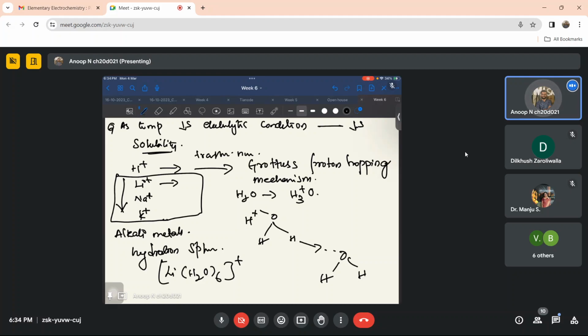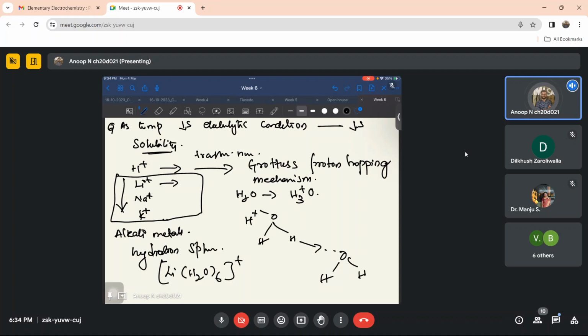This is why we see an increase in ionic mobility from Li plus to K plus. For H plus, there is a specific mechanism called Grotthuss proton hopping mechanism. I thought it would be covered in this week's lecture, so I was waiting for that. So that's the clarification for this portion.